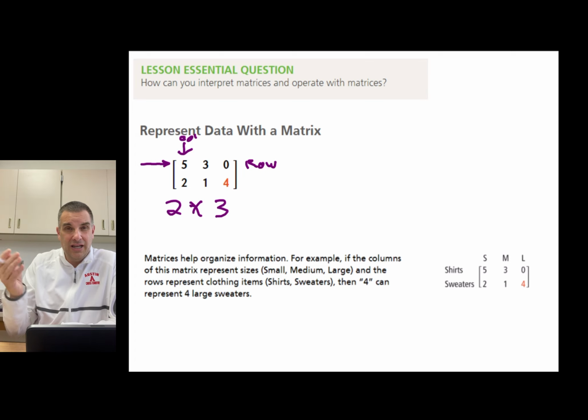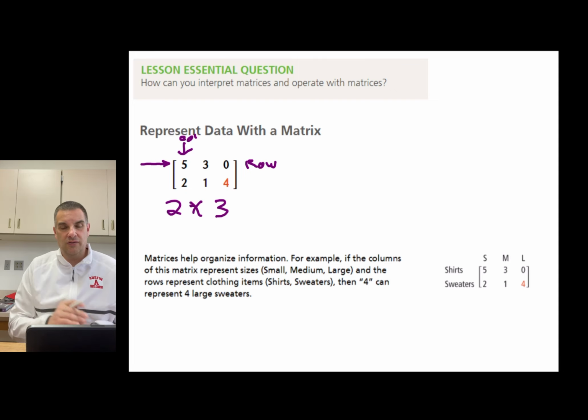So you can just look at this matrix and say, okay, I sold 5 small shirts, I sold 1 medium sweater, I sold 1 large sweater. It's just a way to help us organize data and to show different ways to represent it. But again, when we name these, we name them by rows and columns. We say they're 2 by 3s, different things like that.